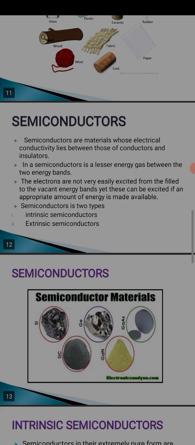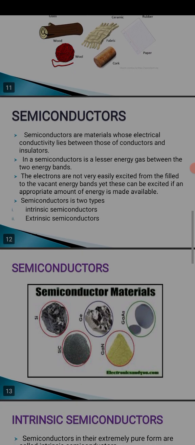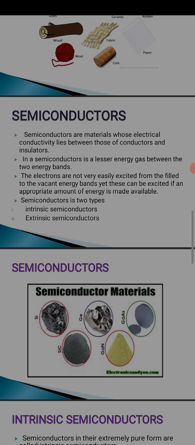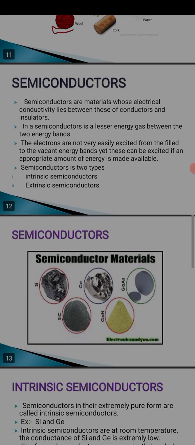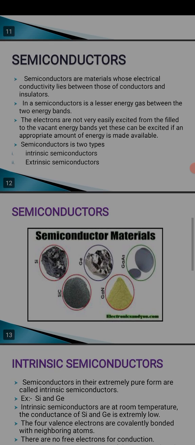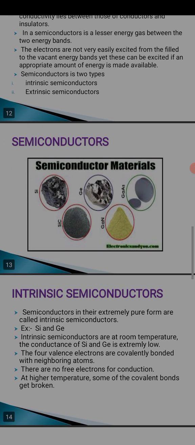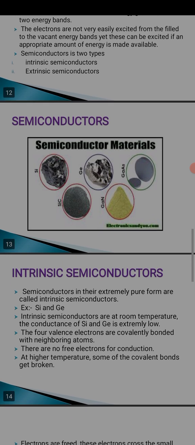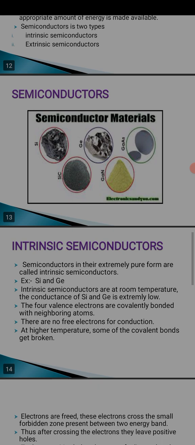The electrons are not very easily excited from the filled to the vacant energy bands, but they can be excited if an appropriate amount of energy is made available. Semiconductors are of two types: intrinsic semiconductors and extrinsic semiconductors. These are semiconductor images: silicon, germanium, etc.